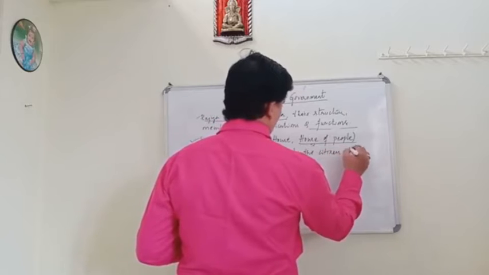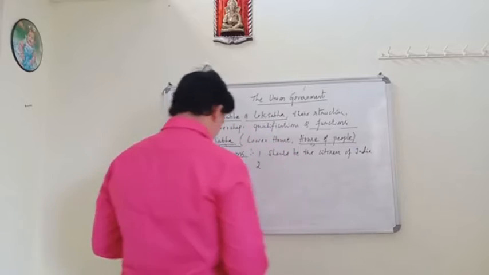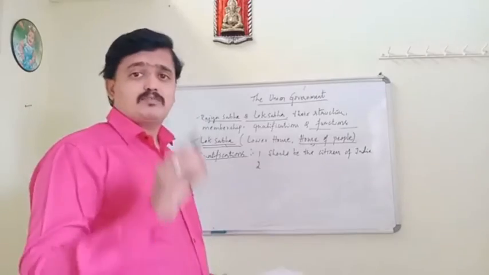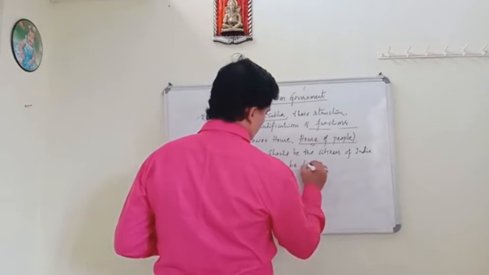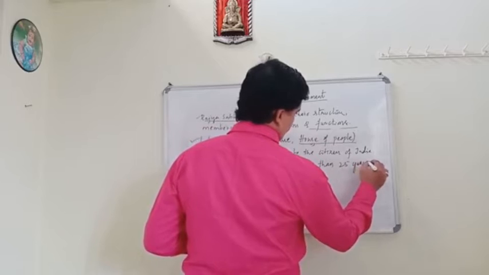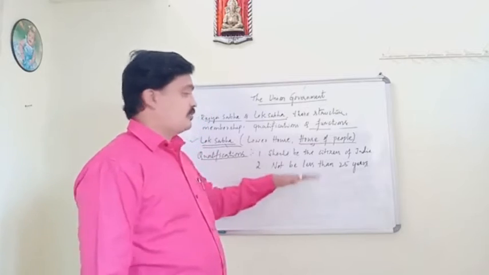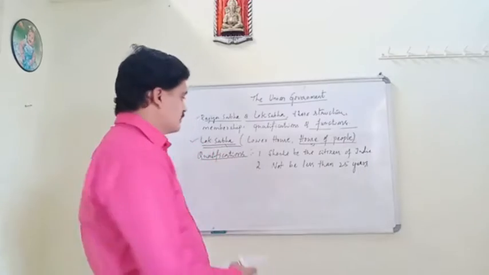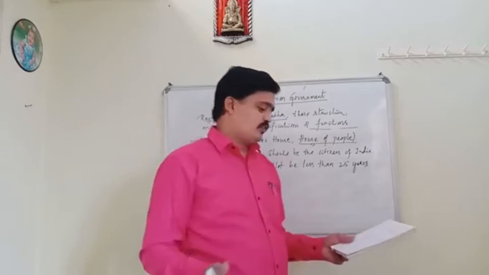And he should not be less than 25 years of age. In the Rajya Sabha it is not less than 30 years, but here 25 years. The remaining all, what I told here, is not hold any office of profit.